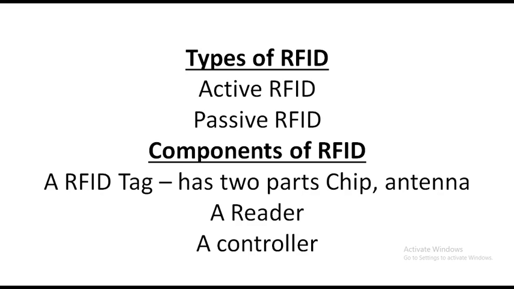Next, there are two different types of RFID systems: one is passive RFID, and the other is active RFID. So what is the difference between these two RFID systems? The active RFID system has its own power source, and we can use the active RFID system for larger distances.